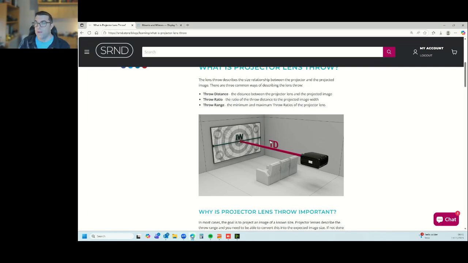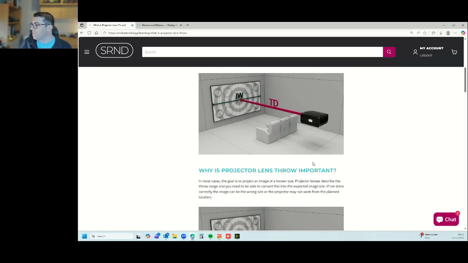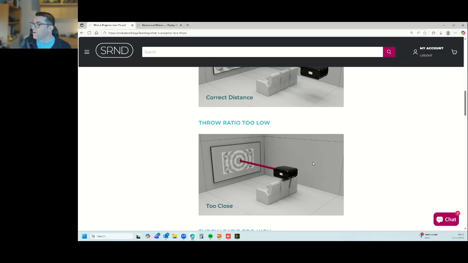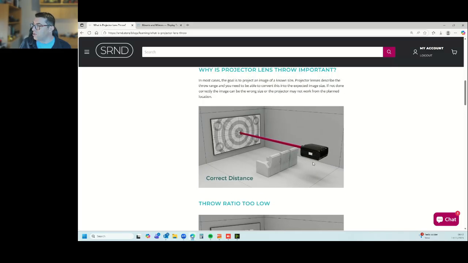Now, what you'll find is that most of the projectors that we would be looking at have a throw range that they operate over. That throw range might go from, say, 1.4 to 2.7.